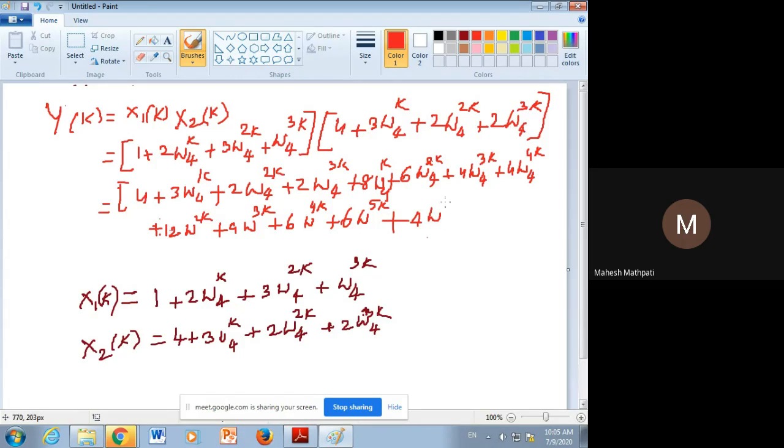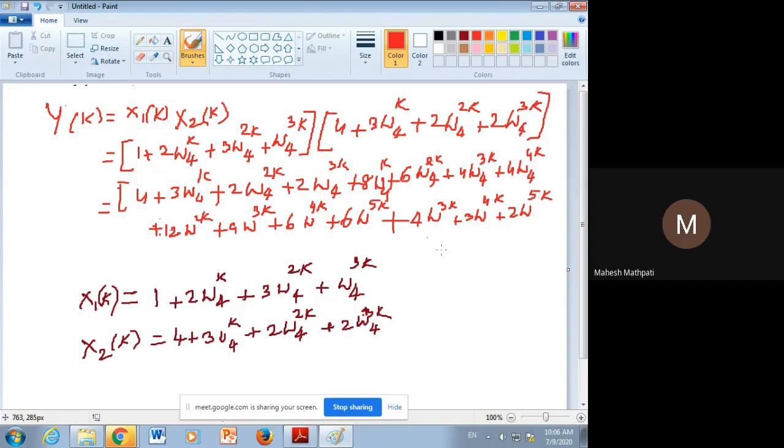Are you getting this point? Any difficulty here? So here you do not need to memorize anything, right? So this is 3K. Let me complete this part. Plus, what do we write next? 3 into W to the power 4K plus 2 into W to the power 5K.